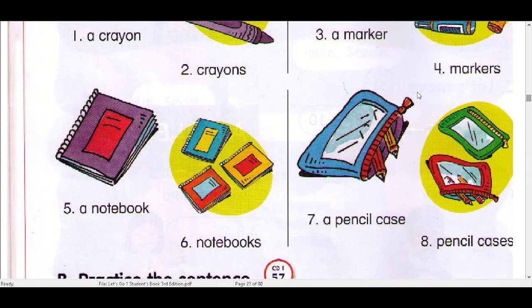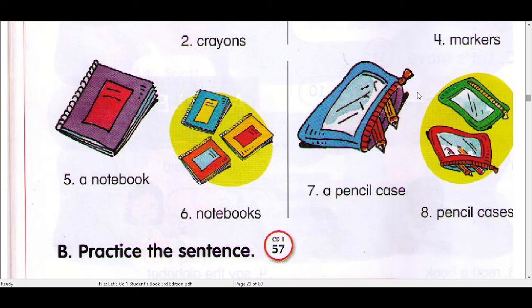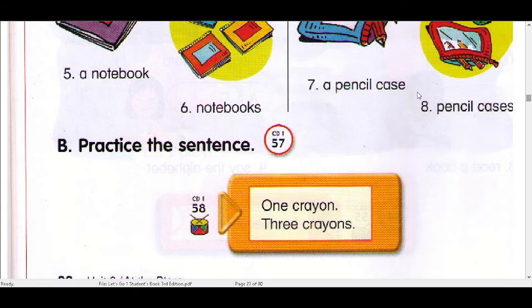A notebook. Number 6. Notebooks. Number 7. A pencil case. Number 8. Pencil cases. Track 57. B. Practice the sentences.